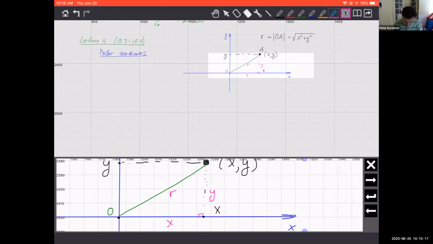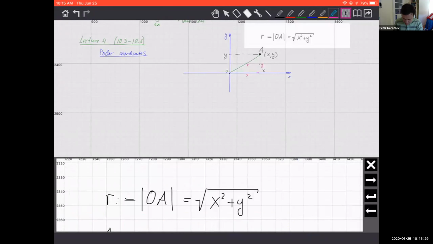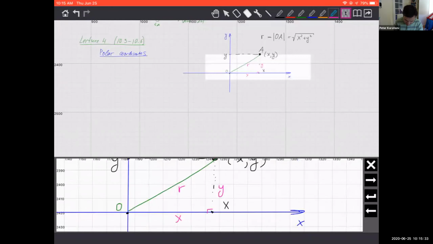So the idea of polar coordinates is to change the parameterization of points in the coordinate plane by switching to the absolute distance r from the origin to each point, and the angle which this ray OA makes with the x-axis.